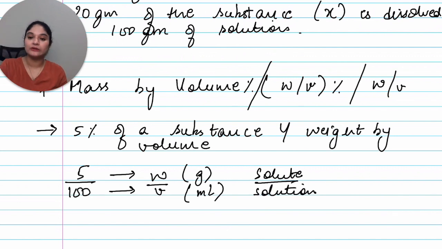So let's see what the statement means to us. This statement is telling me that 5 grams of the substance is dissolved in 100 milliliters of the solution. I hope that makes sense to you. So 5 grams is your solute, 100 milliliters is your volume.